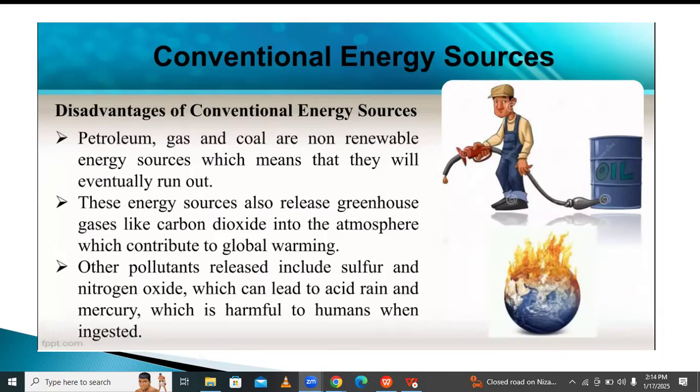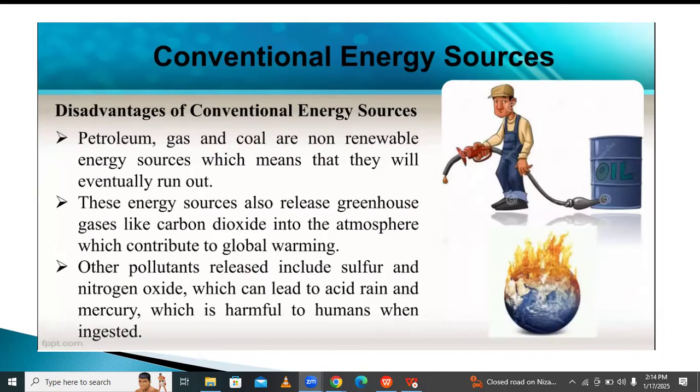In the future, these fuels may or may not be available. We don't know. So petroleum, gas, and coal are non-renewable energy sources, which means they will eventually run out. This is one of the disadvantages of conventional energy sources.